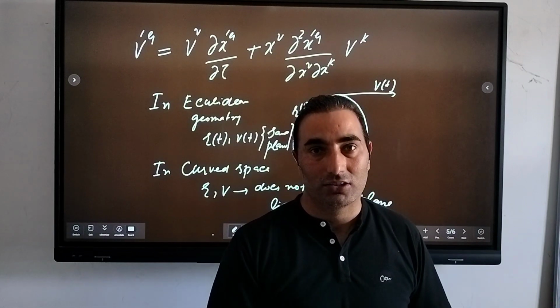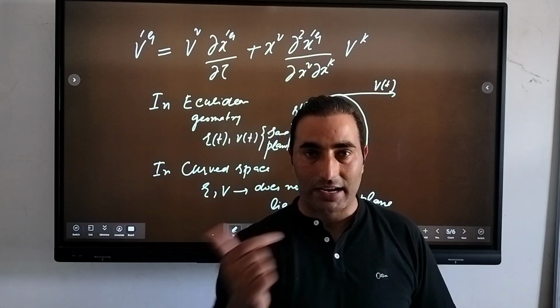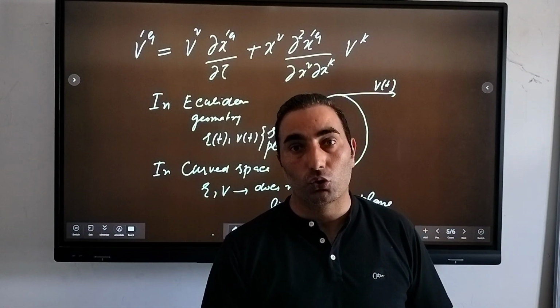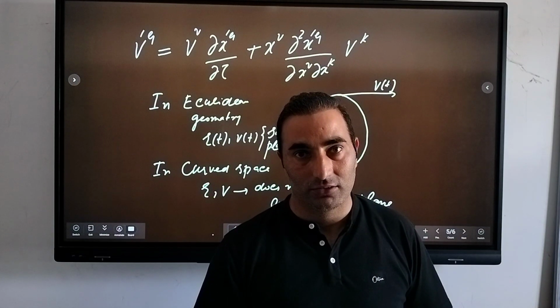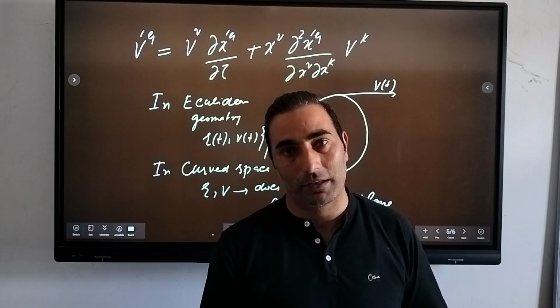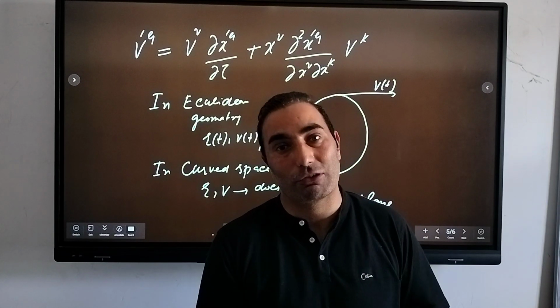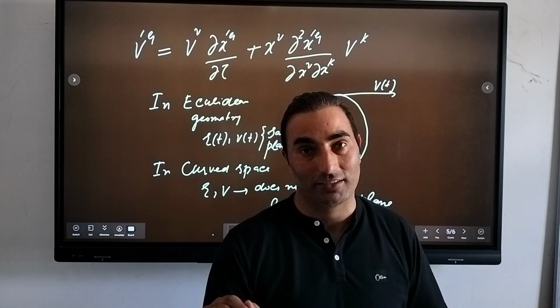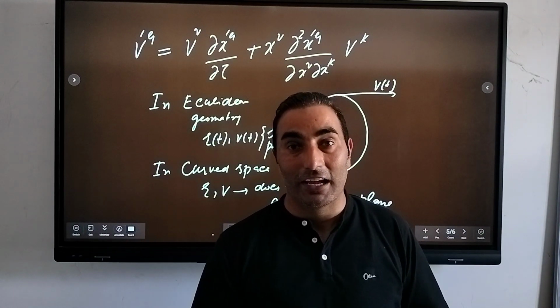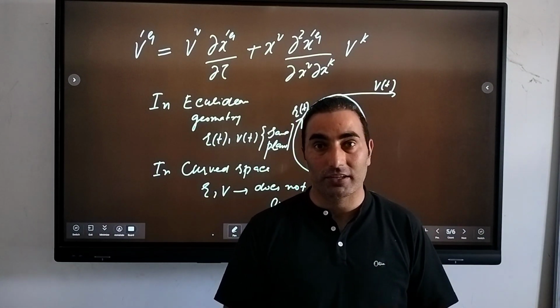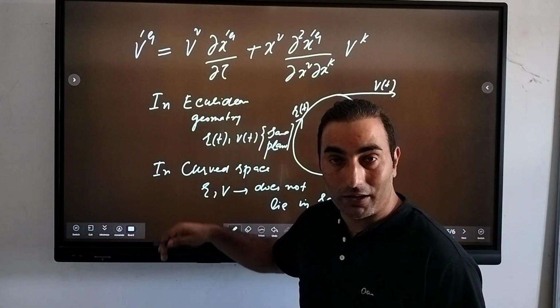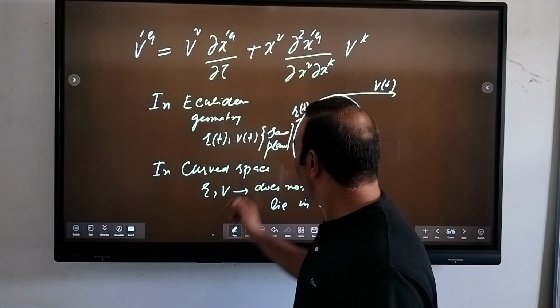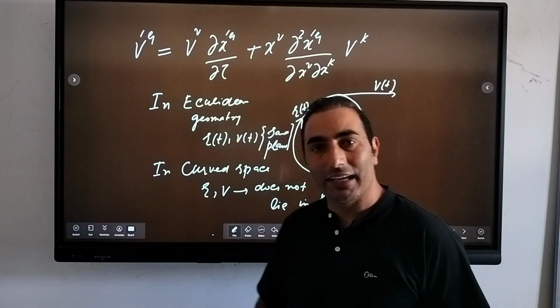To visualize that the velocity is tangent to the trajectory of the particle, I should be in some curved space, right? So मैं curved space में, then I can visualize that velocity is tangent to the trajectory of the particle. But for that person, who is basically the inhabitant of that region on the sphere, तो उसके लिए, this R and this V of t lie in the same plane.